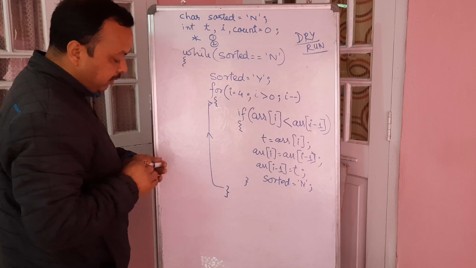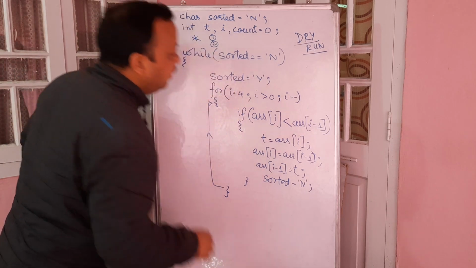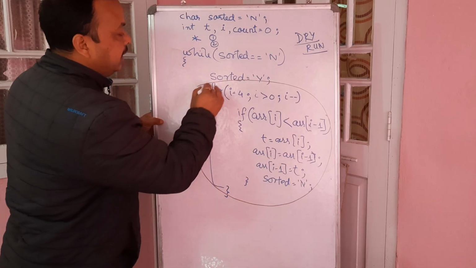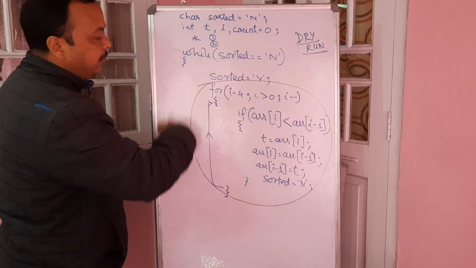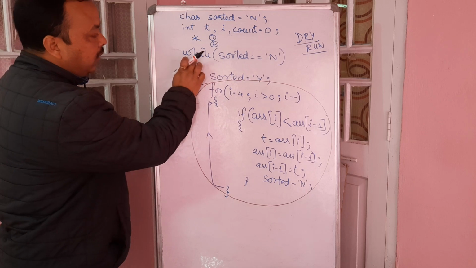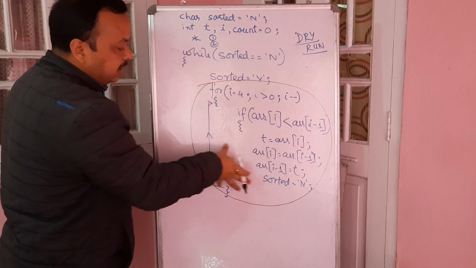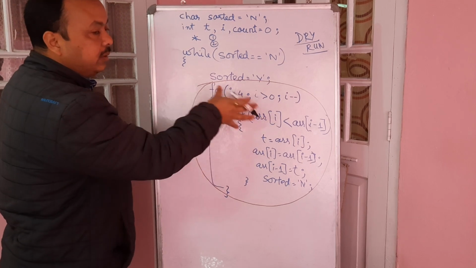This is the loop for running one set of comparisons. So if this outer loop runs repeatedly, then this inner loop is doing the comparison.